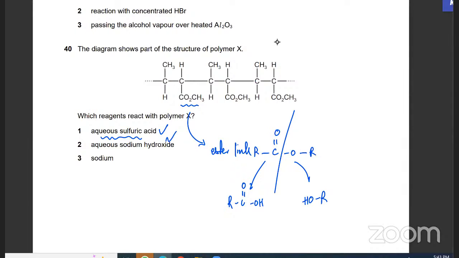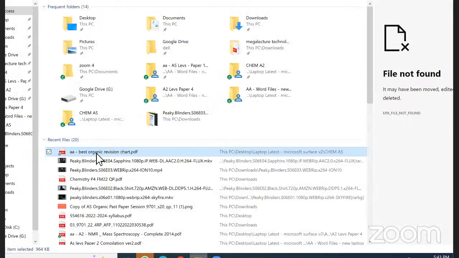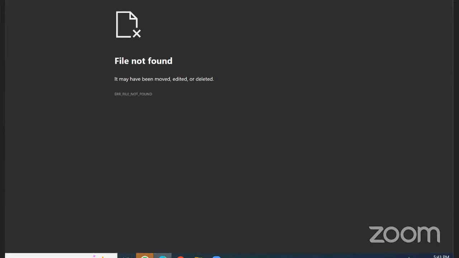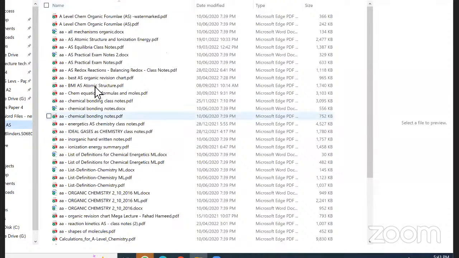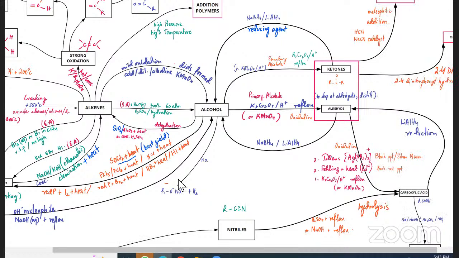Sodium is not going to work. Sodium is going to react with alcohols.